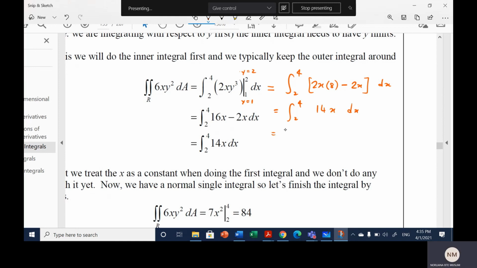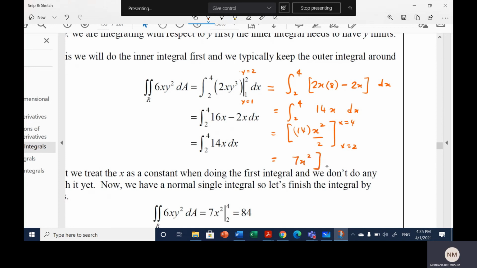Now we proceed to integrate with respect to the x variable. Here we have x squared over 2, and then we have 14. Simplify, so we have 7x squared. Then we evaluate. This is the limit for x, 4 and 2. Simplify before substituting the values.